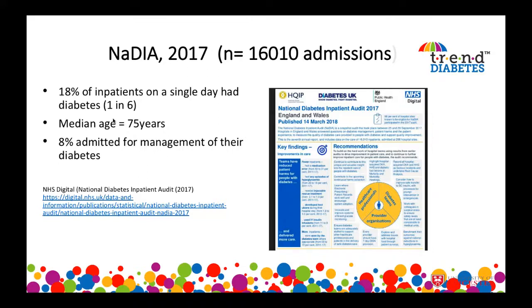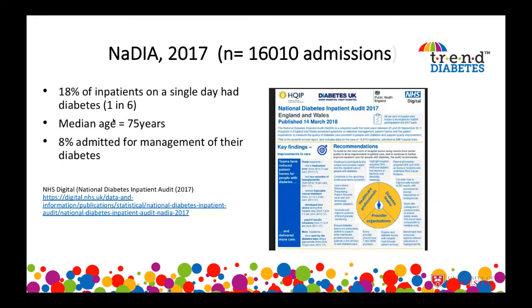The median age was 75, but only 8% were admitted specifically for management of their diabetes. The rest were admitted for other things, like to have their gallbladder removed or to have a hip replacement. So only 8% actually were admitted directly because of their diabetes.